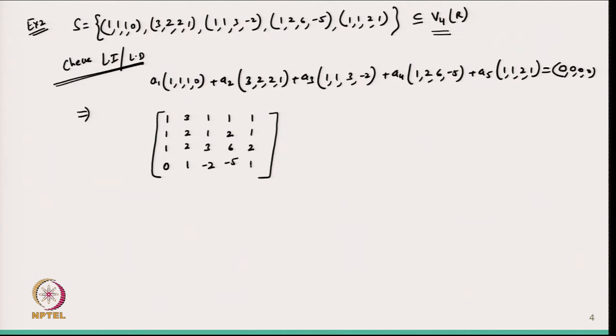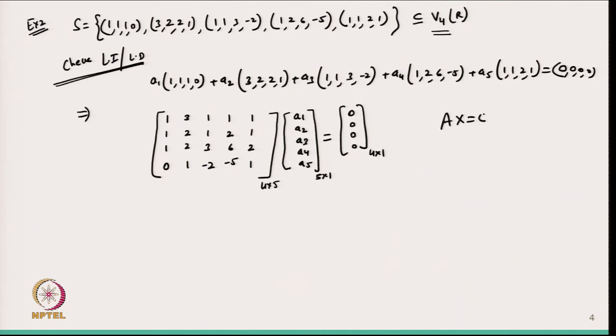So, these are the 5 vectors we have taken, and this is A1, A2, A3, A4, A5, and that is equal to 0. So, you can see that it is a 4 cross 5 matrix, it is 5 cross 1 and it is 4 cross 1. So, this becomes Ax is equal to 0, a homogeneous system.